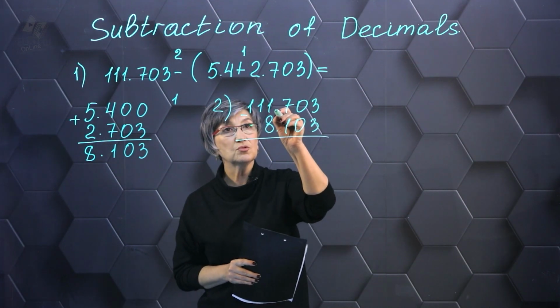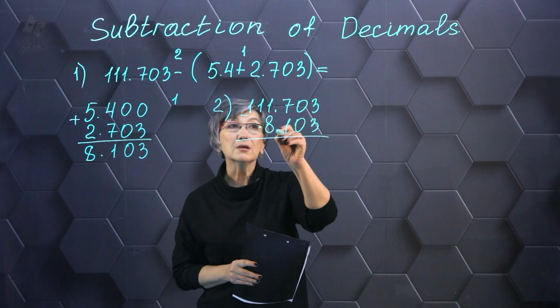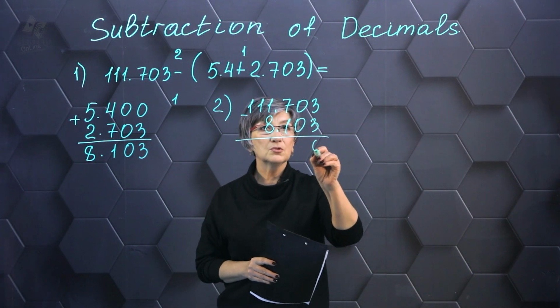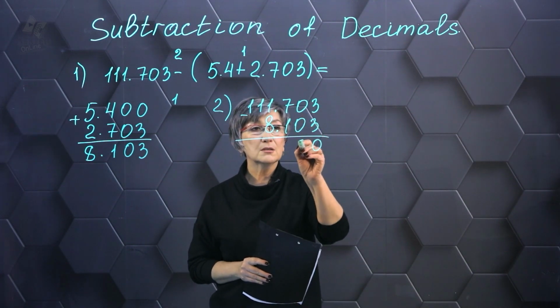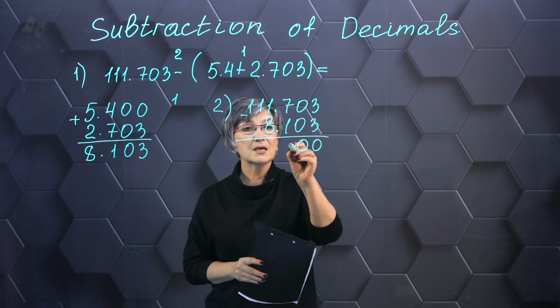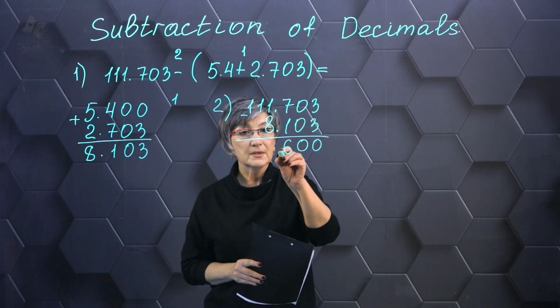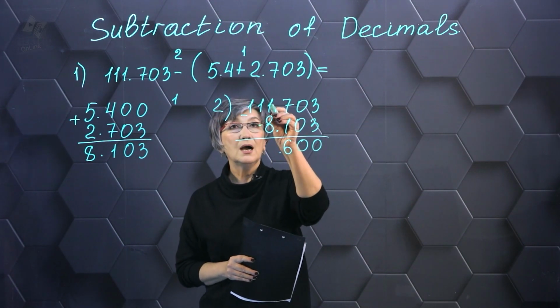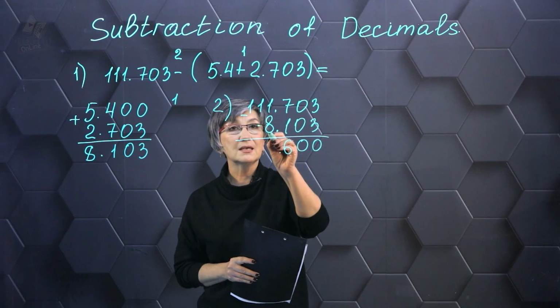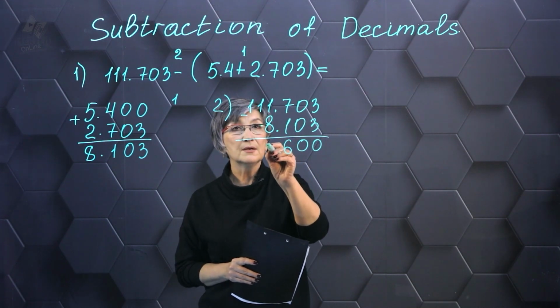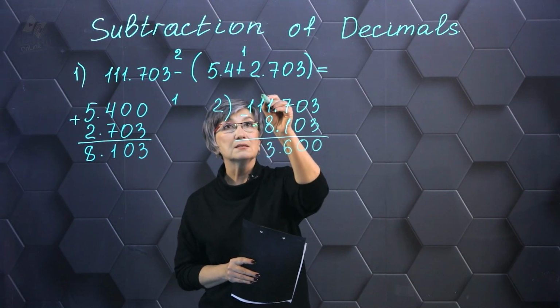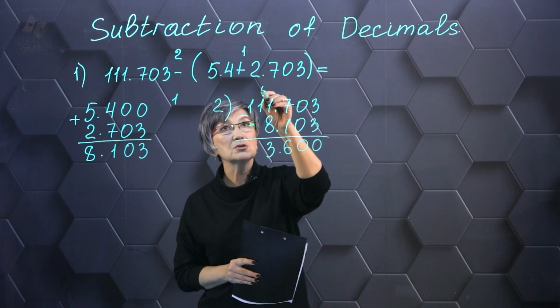Notice the dot is under the dot. Take 3 away from 3 and that's 0. Take 0 away from 0 and that's 0. Take 1 away from 7 and that's 6. Take the whole part. From 11 take 8 and that's 3. Next, we borrowed here, so that leaves us with 0.